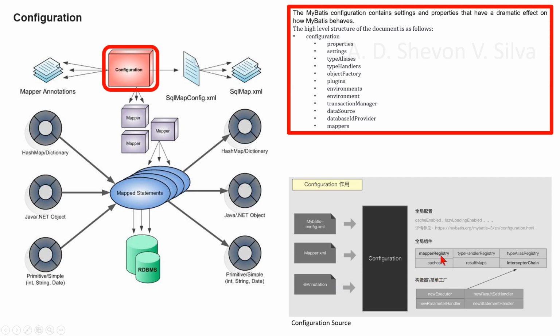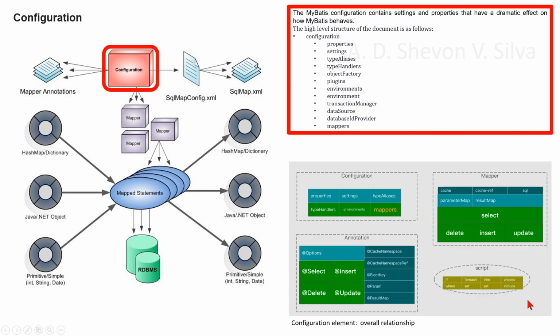Here you can see a mapper registry, caches and type handler registry, result maps, and type alias registry, interceptor chain. Here newExecutor, newParameterHandler, newResultSetHandler, and newStatementHandler. These are connected to the interceptor chain.